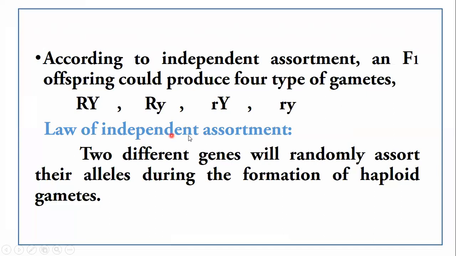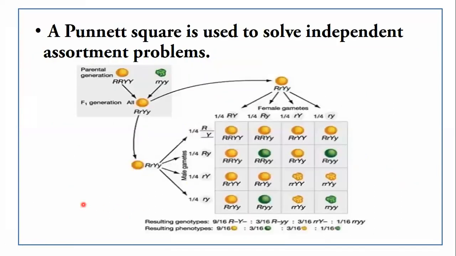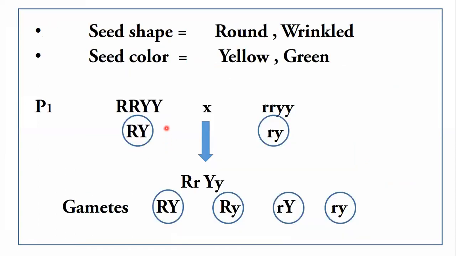So what is the law of independent assortment? It states that 2 different genes will randomly assort their alleles during the formation of haploid gametes. As we have seen previously, we have 2 different genes, and these different genes are controlling 2 different characters. One gene is controlling the seed shape and the other gene is controlling the seed color. For the seed shape, we have a gene with 2 different alleles.